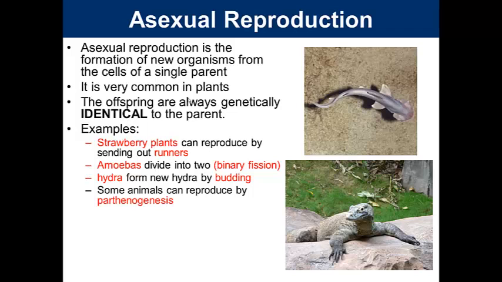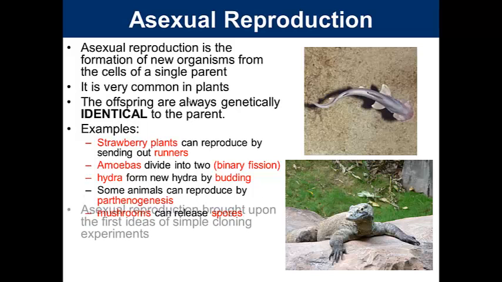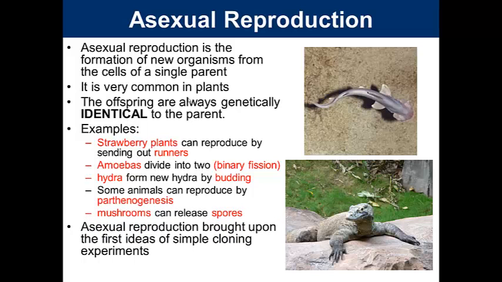Some animals can reproduce by a process known as parthenogenesis. Parthenogenesis is the production of offspring that are genetically identical, that don't have to be produced by sexual reproduction. Mushrooms release spores.